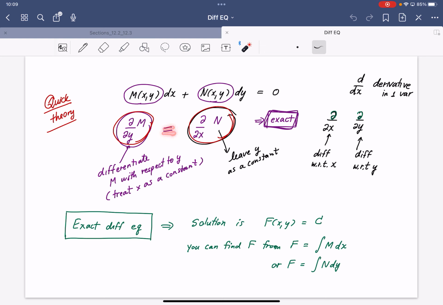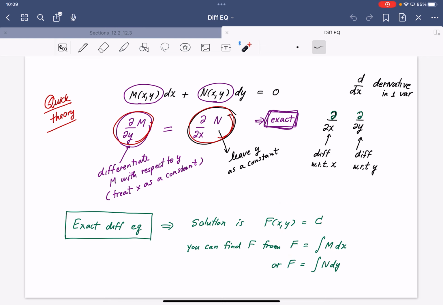If these two terms, M differentiated with respect to y and N differentiated with respect to x, are equal to each other, we call the differential equation exact. And once it is exact, you know that f(x,y) equal to c is going to be your solution, and then you can solve for f by integrating M dx or integrating N dy. This is the thing that we're gonna do for an exact differential equation.